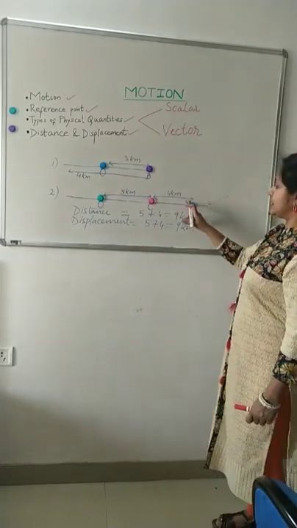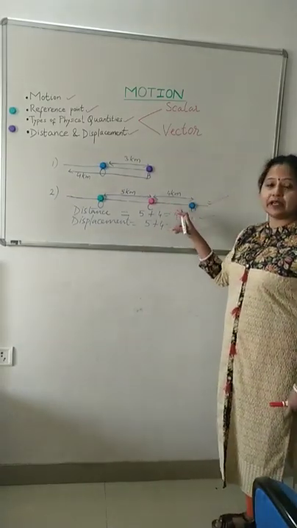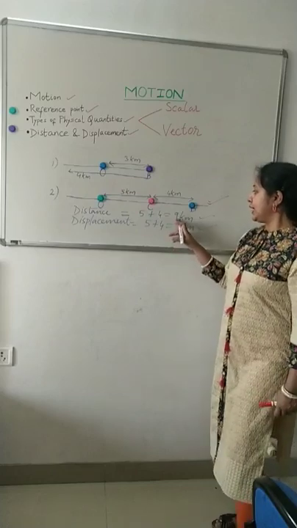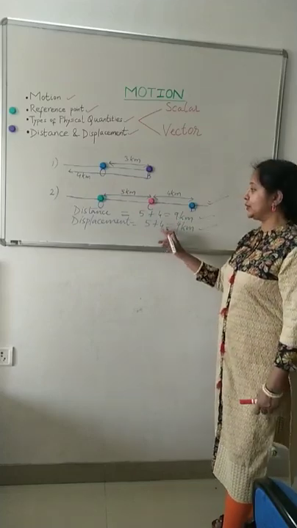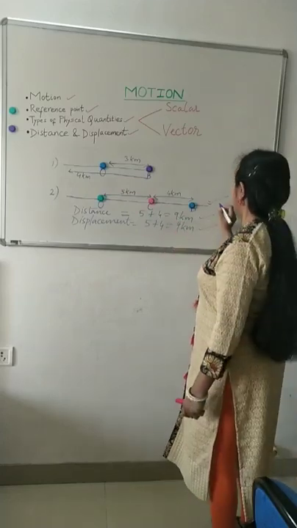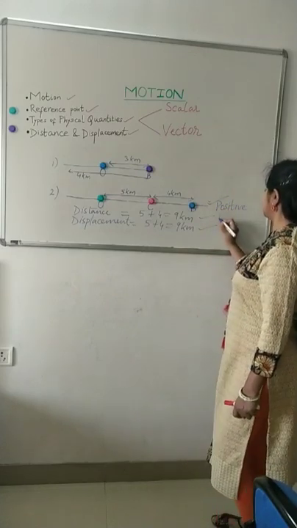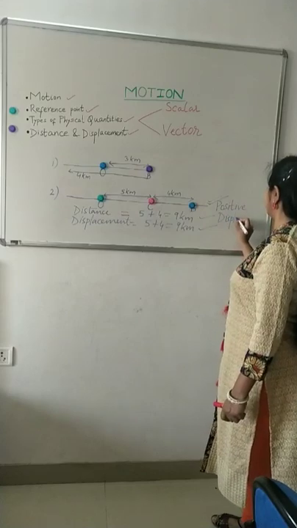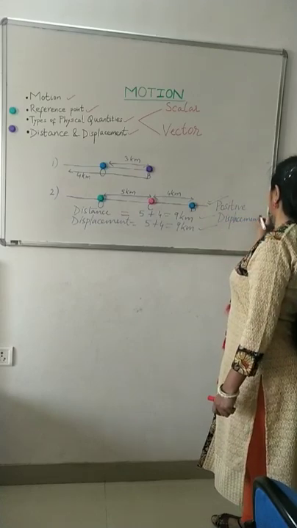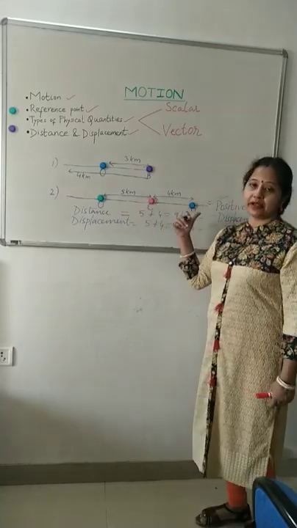So in this second case, displacement and distance are both the same, 9 kilometers and 9 kilometers, and you can say this is the case of positive displacement. Positive displacement is when the object moves in the same direction.